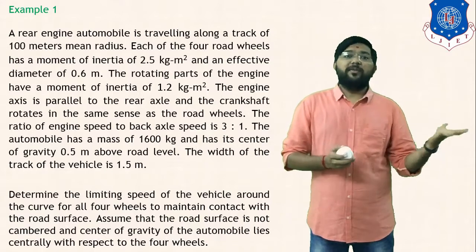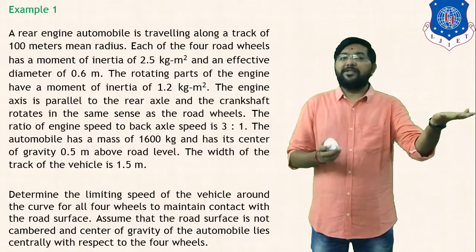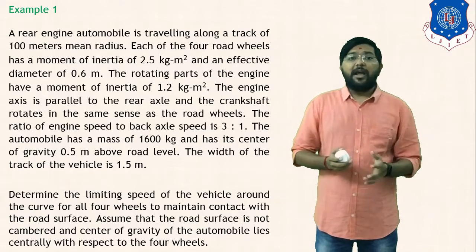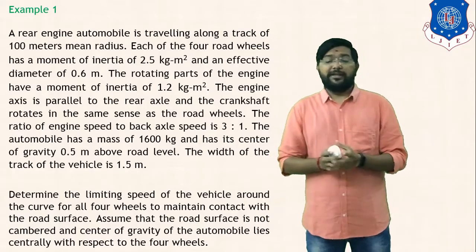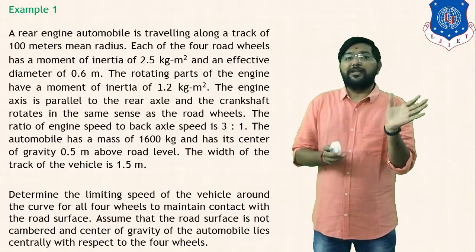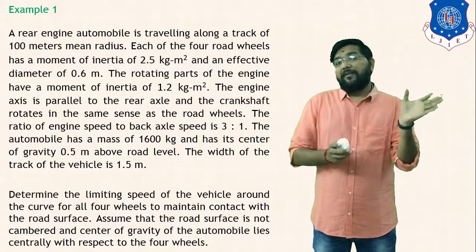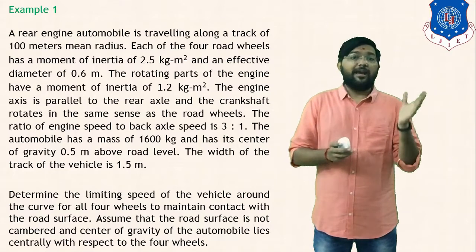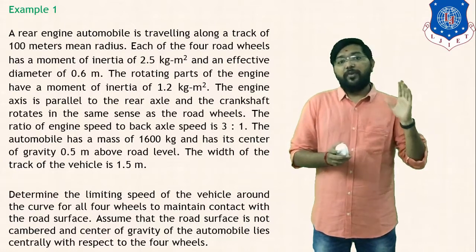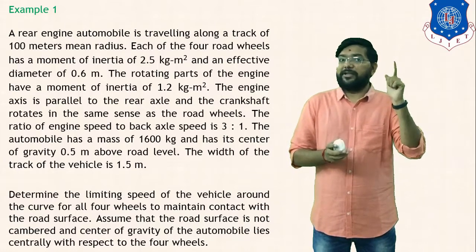So if the weight of the body is mg, then the reaction on each wheel is mg by 4. Now we have to find the velocity beyond which, if we increase the speed, the car will try to lift its inner wheel. So we have to find that maximum velocity.